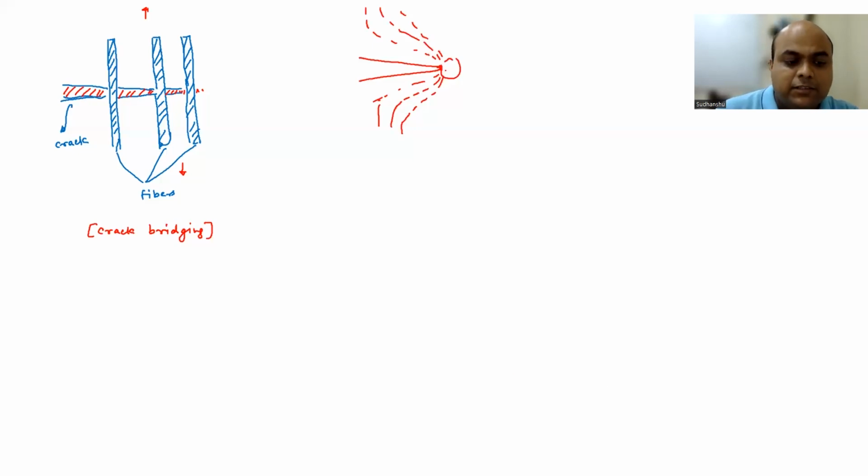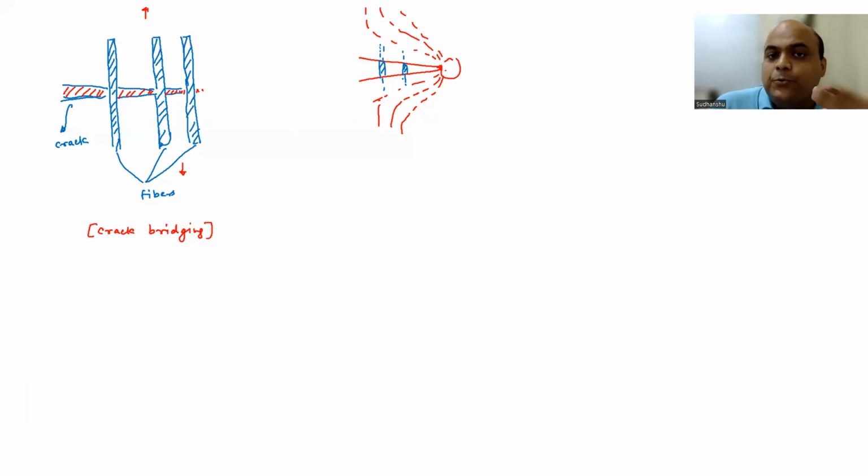Now, if I just put fibers here, now some of the line of forces will pass through these fibers, right? Because this fiber can take the load. Previously it was air. Now these fibers can take the load. So some of the stress trajectory will pass through it.